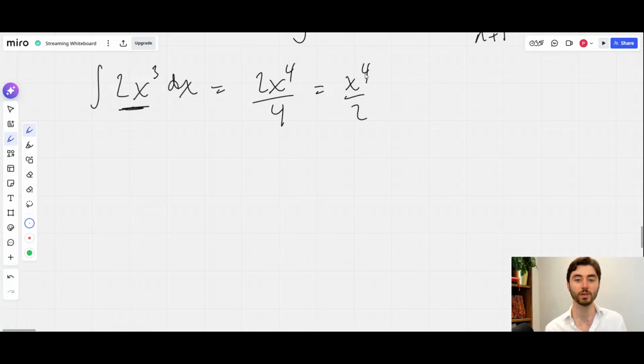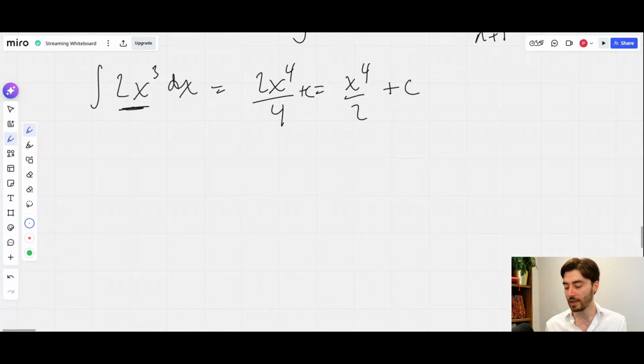And x to the 4 over 2 absolutely would, because we would bring the power down, 4 over 2 is 2, subtract 1 from the power, we would get our 3. But remember, when we're differentiating back down, if we had any constant, if that was plus 3, if that was plus 10, if that was minus 100, that part would disappear when we differentiate, and it would still get you back onto this initial expression. So when you are integrating, you need to remember your plus c. Yes, thank you.